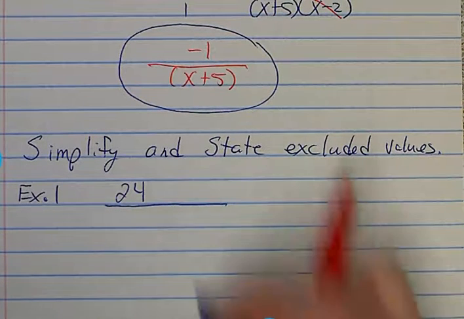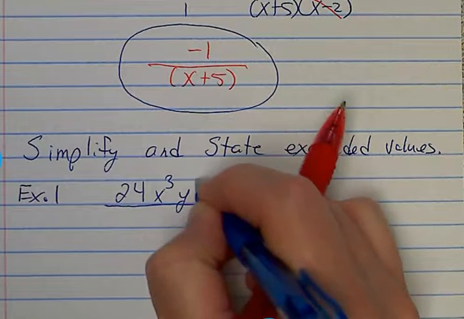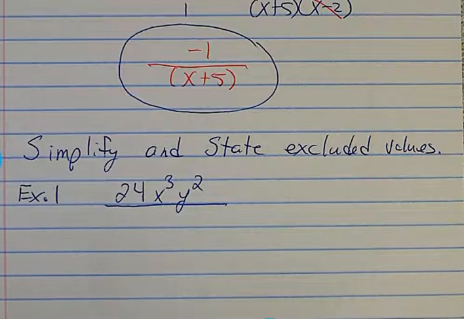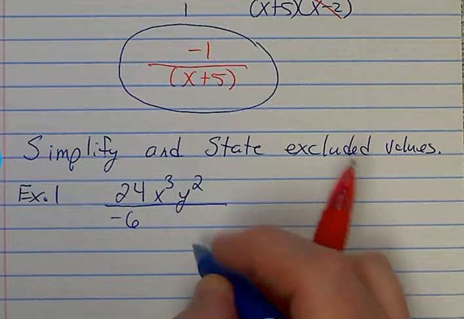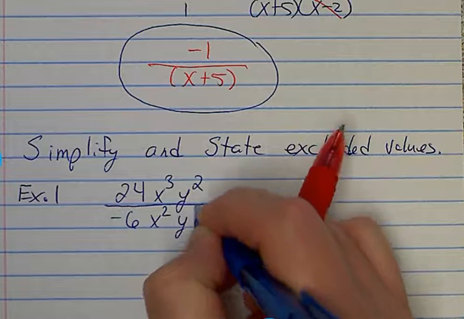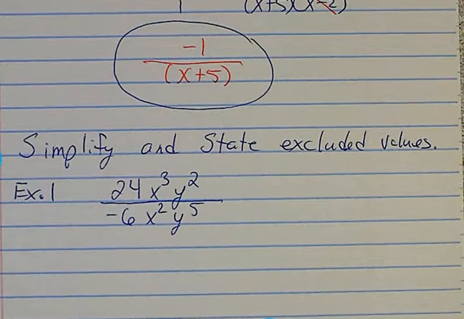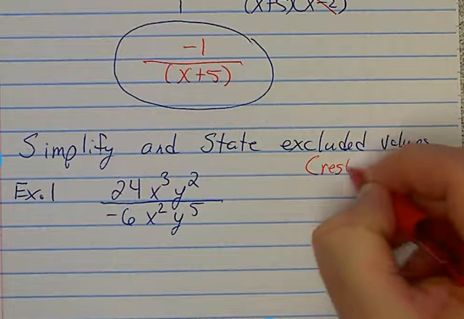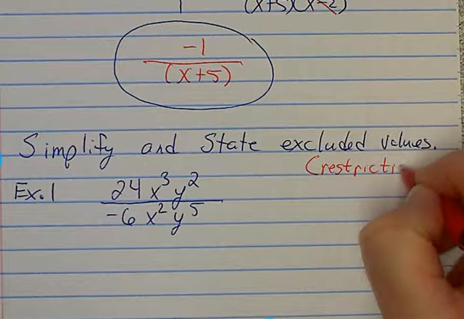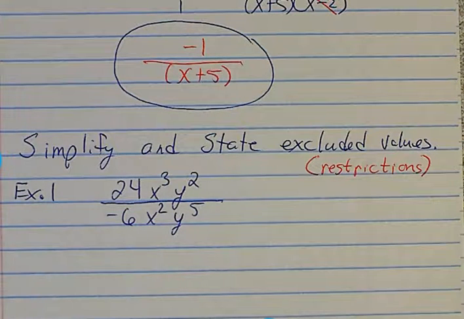This one's going to look a little different. Okay, so this one, again, we're still going to simplify and state the excluded values.